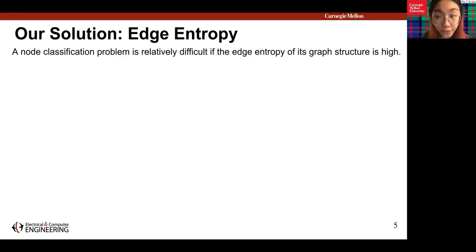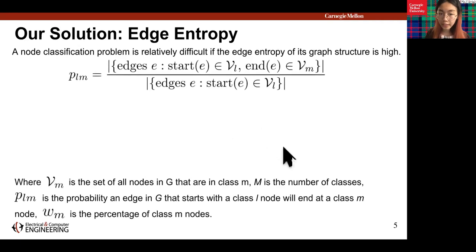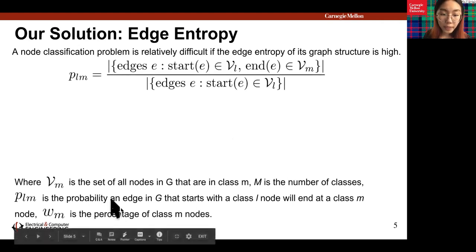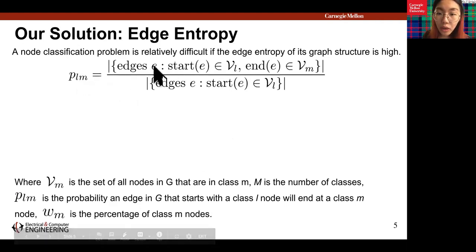To formally define edge entropy, we start with defining PLM, which is the probability that an edge in G that starts with a class L node will end at a class M node. As you can see, PLM is a ratio of the cardinality of two sets. The set at the top is the set of edges that start with a node of class L and end with a node of class M. The set at the bottom is the set of edges that start with a node of class L.